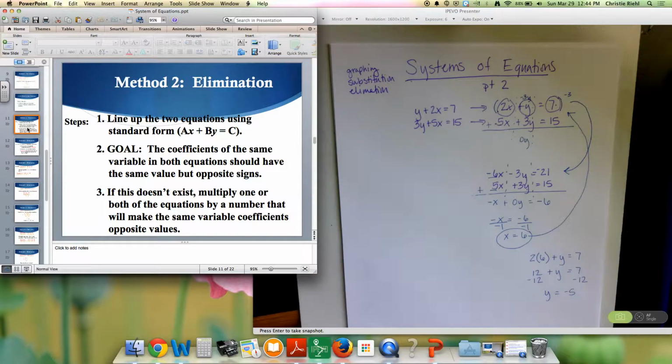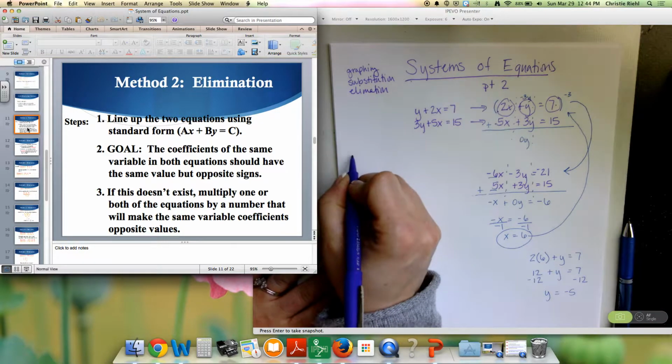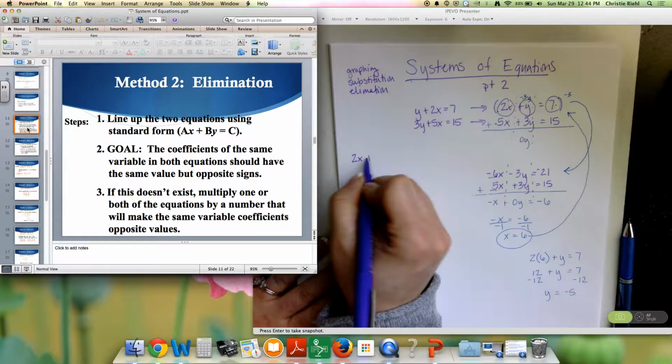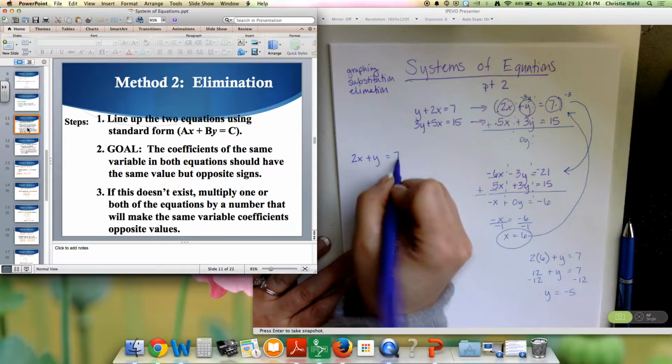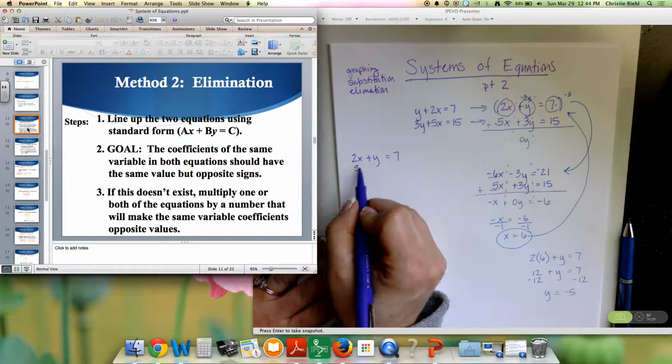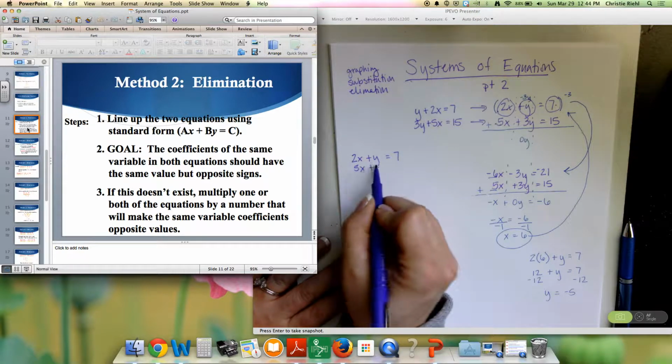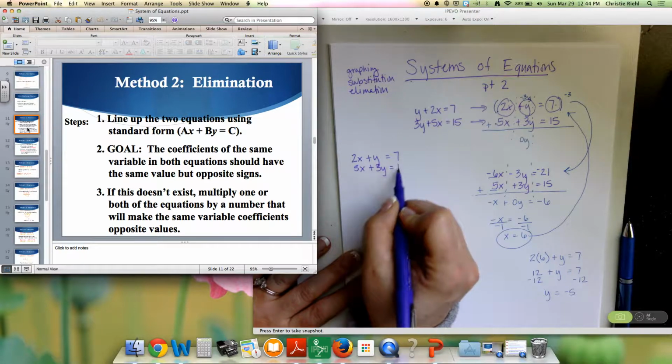All right. I could do this the same way. It doesn't matter if I choose to make the y disappear or the x disappear. So let's try it with our x disappearing. So if we start over, 2x plus y equals 7, 5x plus 3y equals 15.